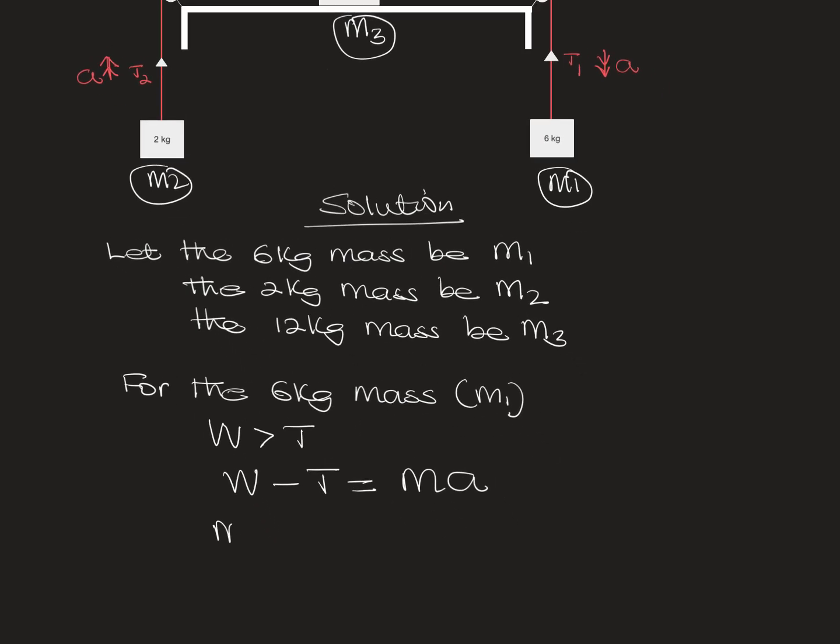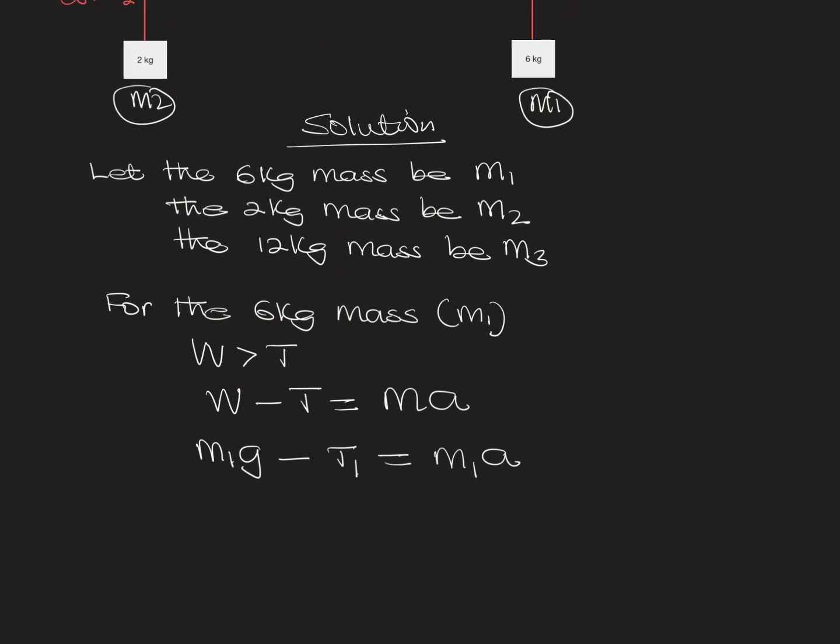In that case, it will be m1g minus T1 is equal to m1 multiplied by A. Substituting the values for the 6 kilogram mass, we have 6 multiplied by 10 minus T1 is equal to 6A.